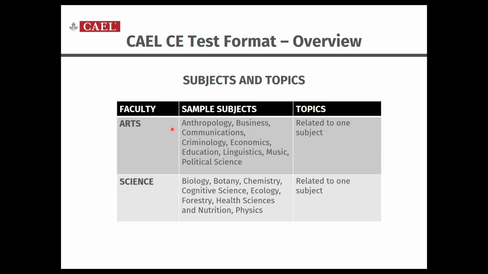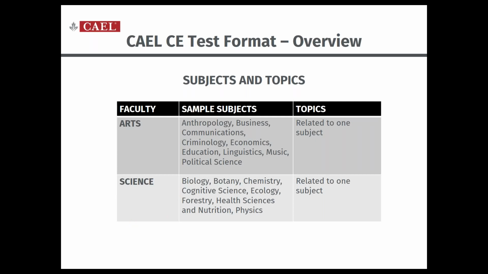So in art, some possible subjects could be anthropology, business, communications, criminology, economics, education, linguistics, music, political science, and many, many more. In science, you'd be looking at things like biology, botany, chemistry, cognitive science, ecology, forestry, health sciences and nutrition, physics, and again, that's just the beginning. There's many more than that.